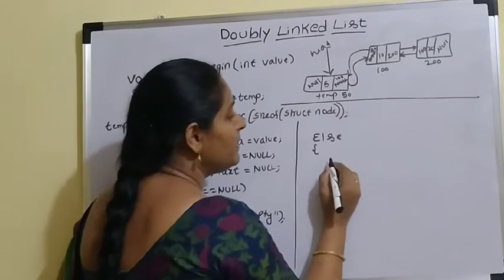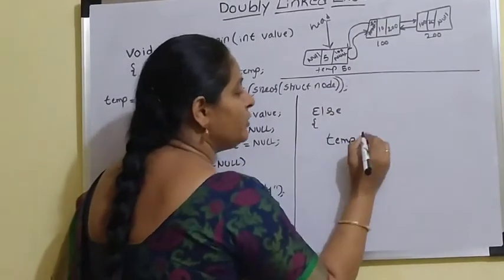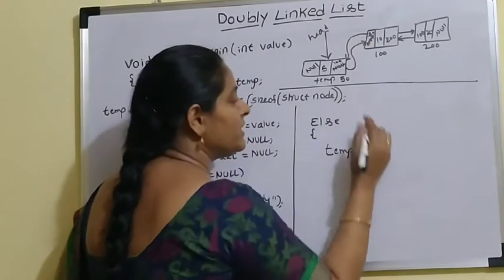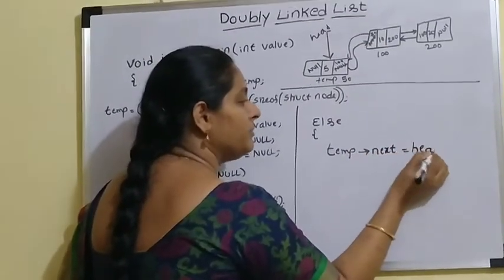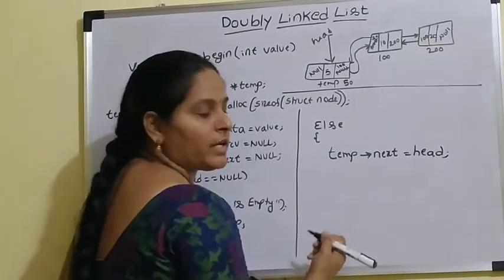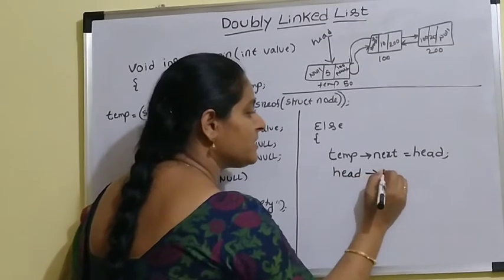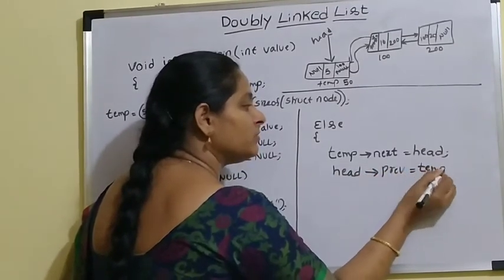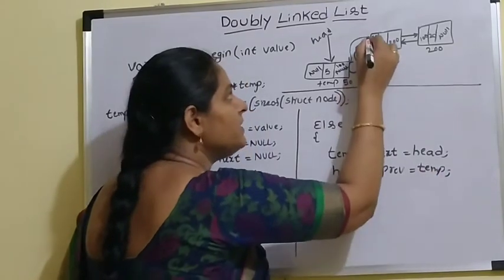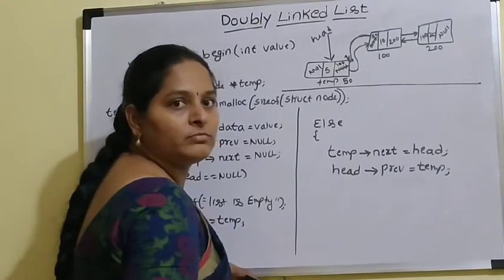What we are doing here: first we are storing the previous head node address in the temp next part. So temp next equal to head. And in head previous, we need to store the address of temp node. When this statement is executed, this link will be established between head and temp.